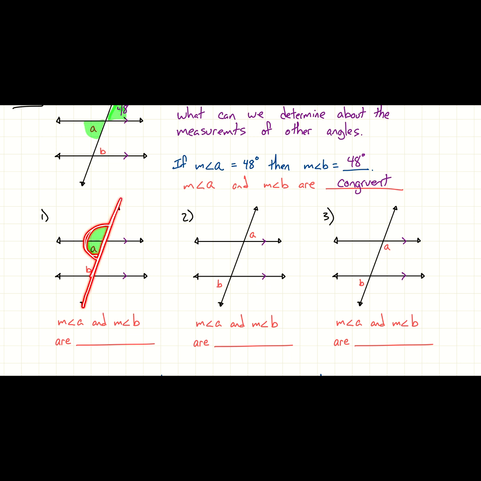This is what we call a linear pair, or a straight angle. It's a linear pair because together these two angles form a straight line. So this is the same thing as saying this is B. Then A and B must be what? There's a name we're looking for when two angles add up to a straight line. This would be supplementary.